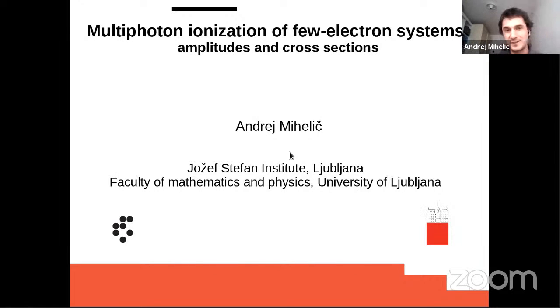So thank you. I'm going to talk about the calculation of multi-photon ionization amplitudes and cross-sections. Or more specifically, I'm going to present a method that we have devised for this purpose. This method has been developed in passing, a sort of byproduct that is connected to our activities in this field.